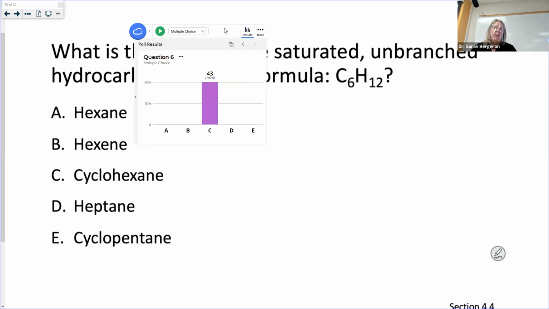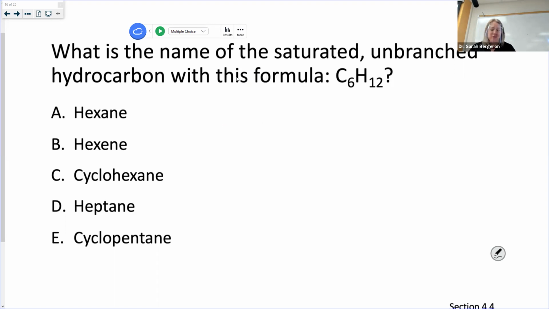Okay, so what did y'all say? All right, so did we go up? Very nice. Okay, so why did you pick cyclohexane? The only reason that you know that it's an ANE instead of an ENE is what? Because we said saturated. If we had said unsaturated, then it would have to either have a double bond or a triple bond inside of it.